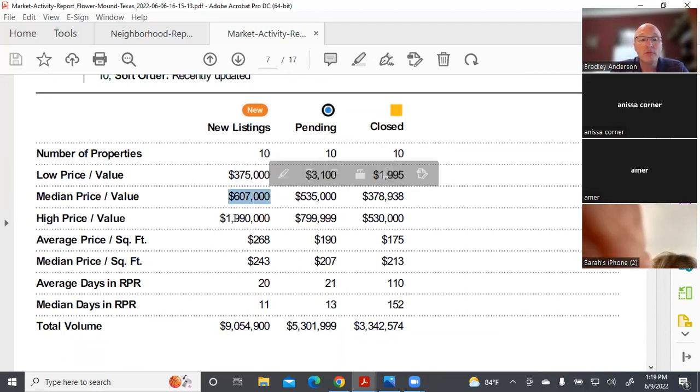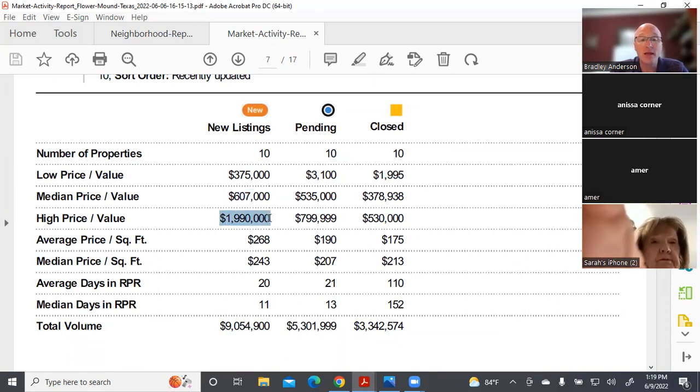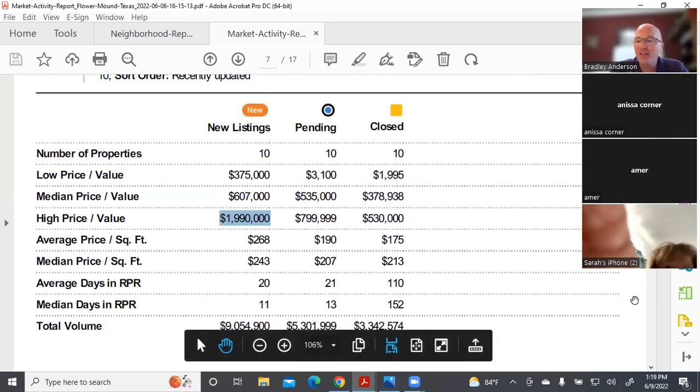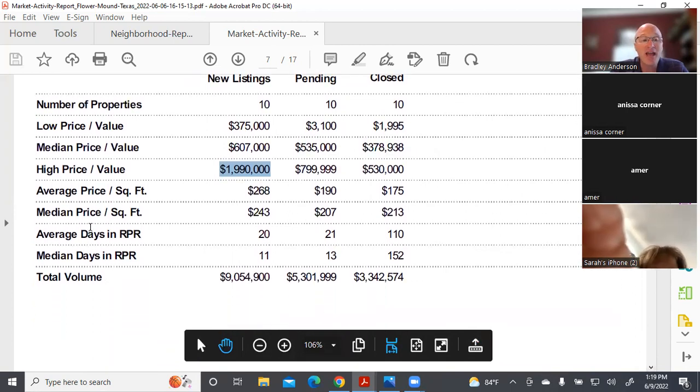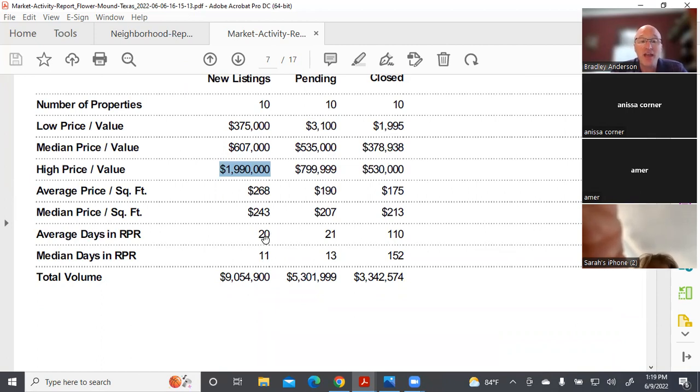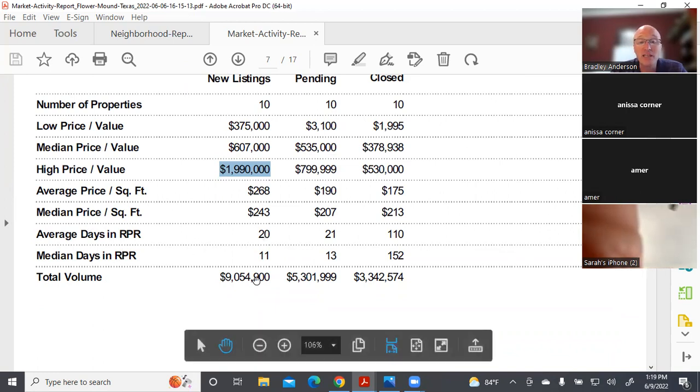And there are some nicer neighborhoods and developments going in, so it's at almost $2 million. Same translates to average price per square foot. And then one thing that we're going to go into a little bit deeper in a second is the average days in RPR. So how much did these sit? So the average was 20 days. So there's going to be some that sat longer, some that went off the market in a couple of days. The median is 11 days.